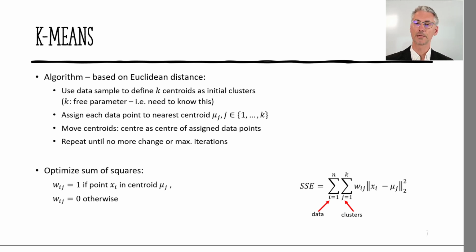We repeat this until we have converged, that means no more change, or we've reached the maximum number of iterations. To do this, we optimize the sum of squares. This is what we mean by it's based on the Euclidean distance. So we sum over all data points and all clusters and find the shortest path between all data points and all clusters.